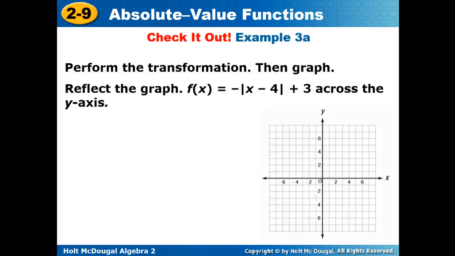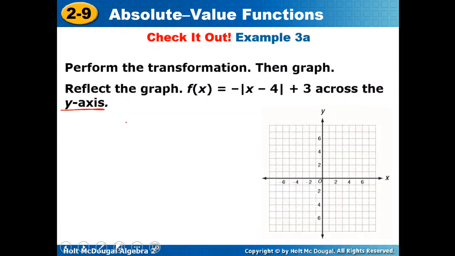All right, last one, I think. Perform the transformation, then graph. It says to reflect the graph, f of x is the opposite of the absolute value x minus 4 plus 3, across the y-axis. Okay, so we want to perform the transformation, and so this says to reflect the graph across the y-axis. All right, so let's do that.